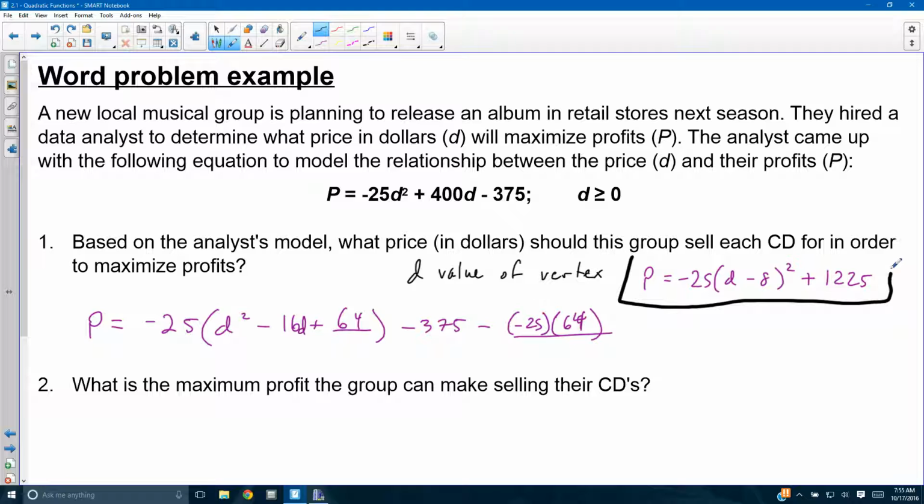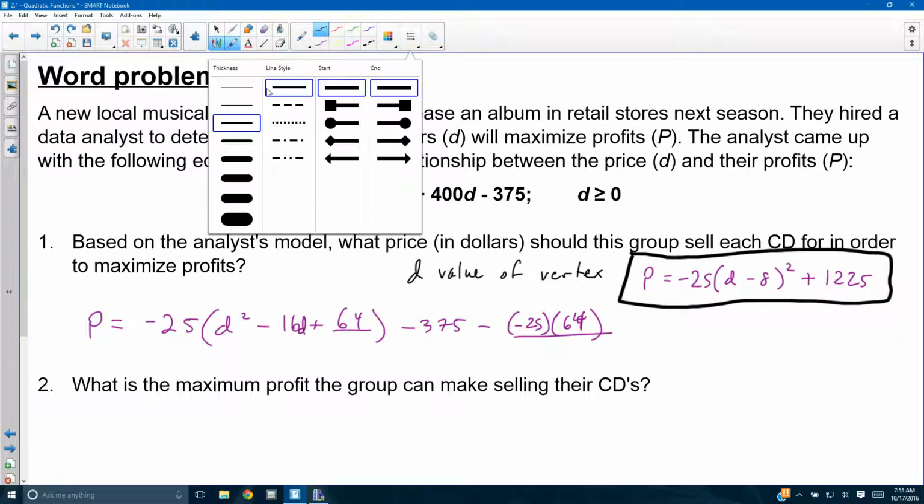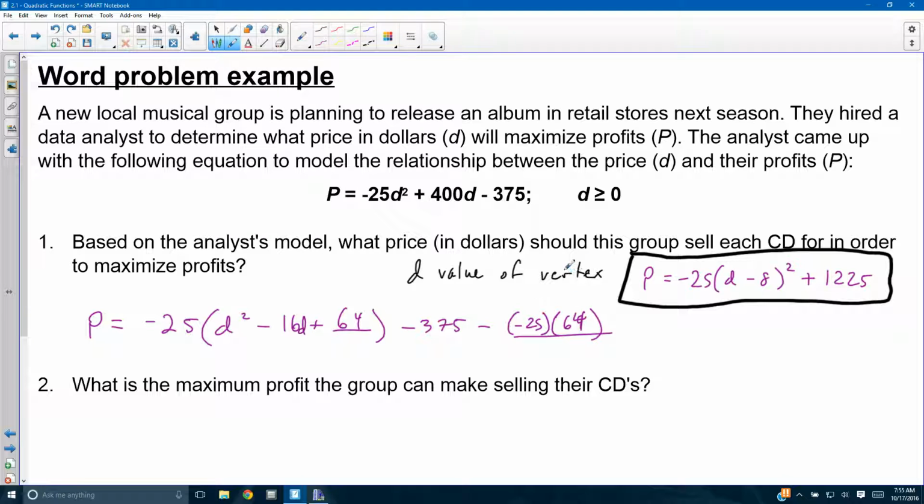Now, they didn't ask us to put it in vertex form. They asked us what price in dollars the group should sell it at. But this helps answer that. Whatever this graph looks like, which this time I did not draw, it has a vertex at (8, 1225) and a y-intercept of (0, negative 375).